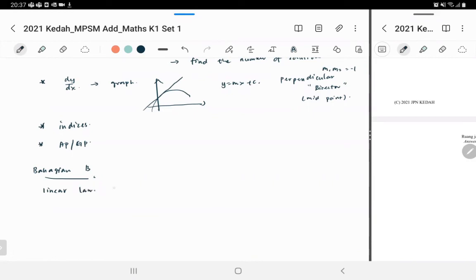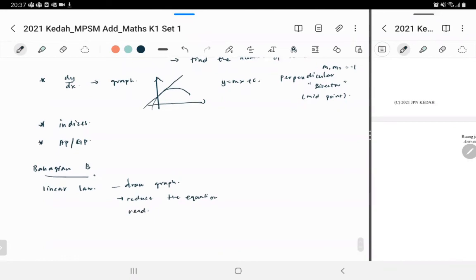You will have to draw the graph, and then you will need to reduce the equation. Then after you reduce the equation, you will need to read some values from the graph.